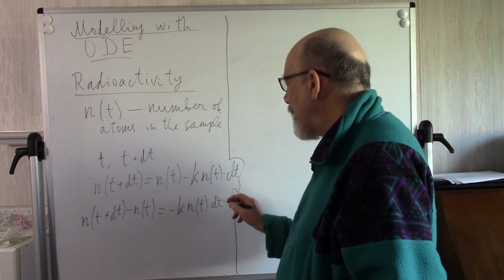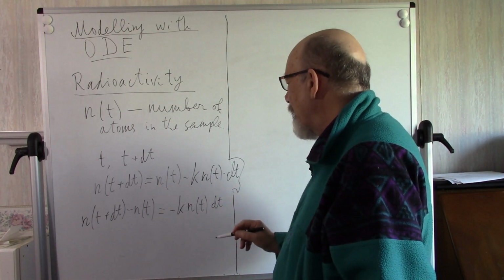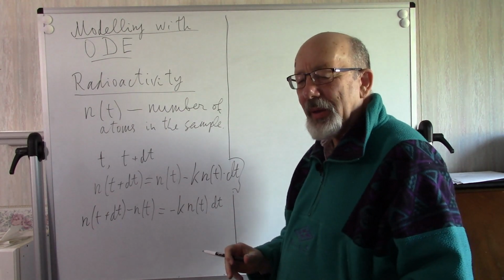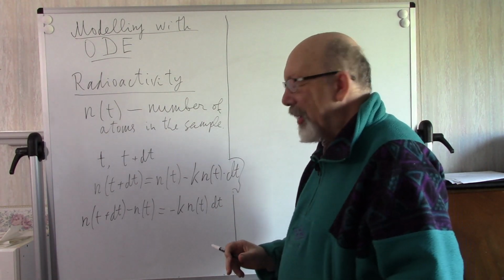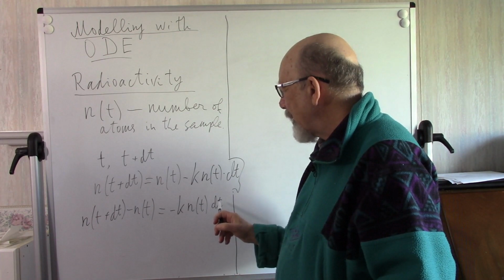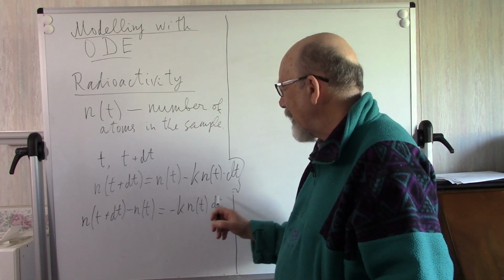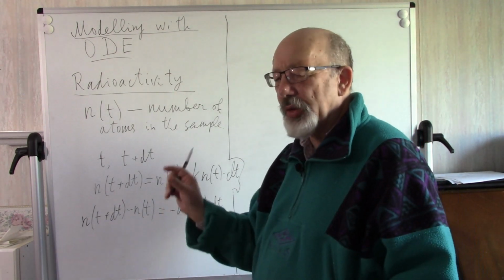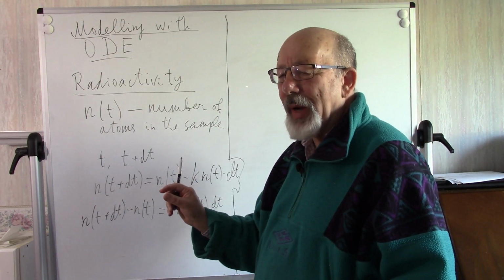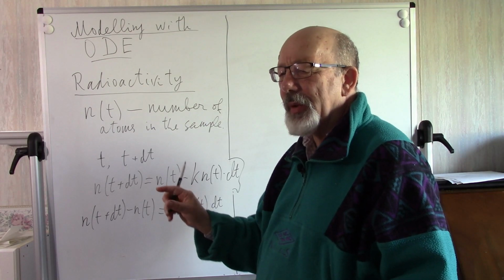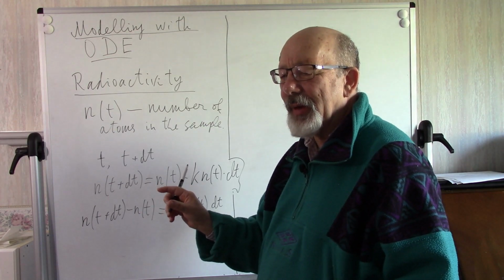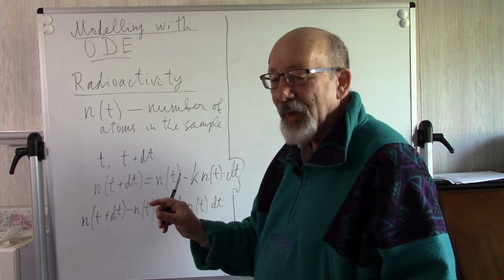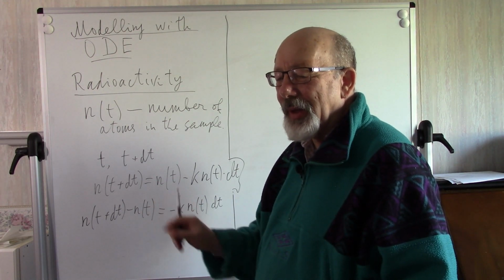I say that this is in fact an approximate equality, valid for small dt. How small? It depends on the situation, such that it should be small, but the number of these events, of these explosions of atoms, should be large during this dt.